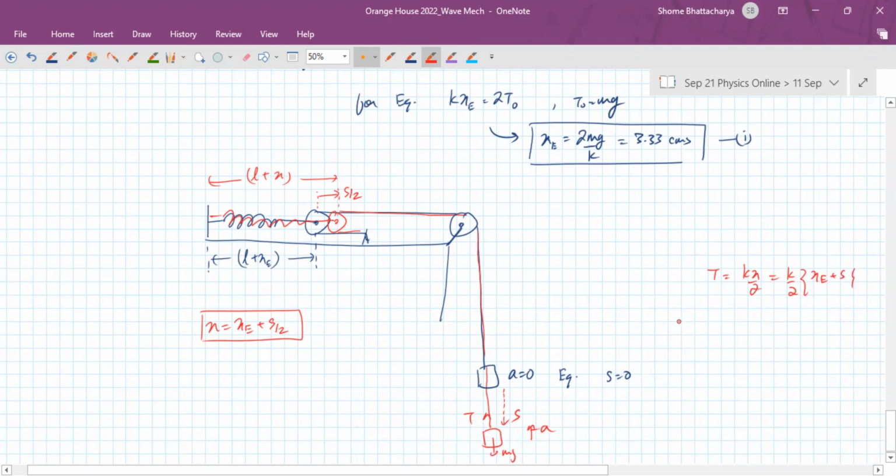So we have, this is the second equation.